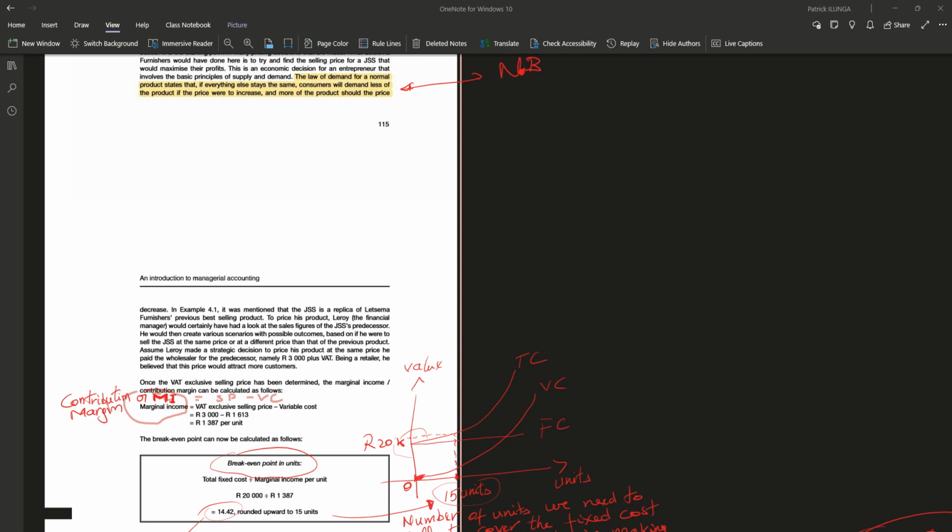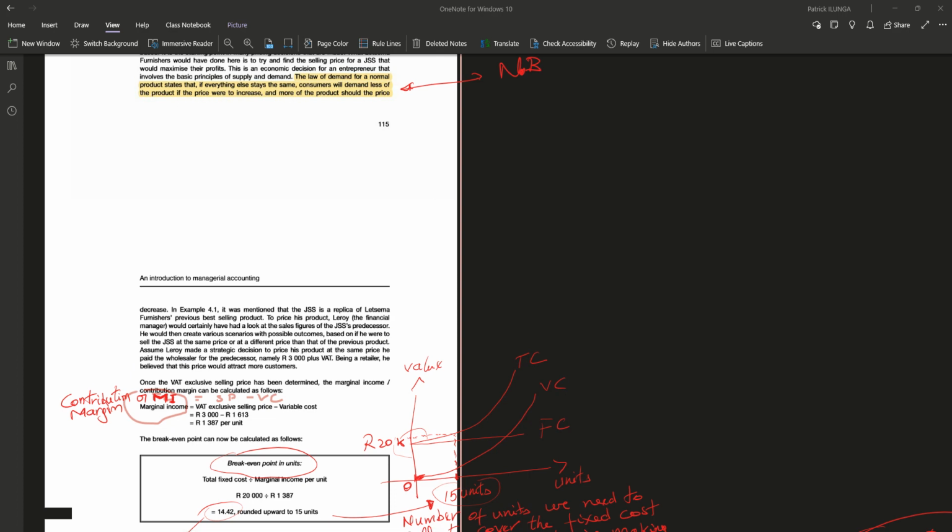And in this particular example, we are told that 3,000 Rand will be the price, and it is the same price actually that the company is buying from the wholesaler. So they are charging the same price, and the reason for that is that they would like to attract more customers.